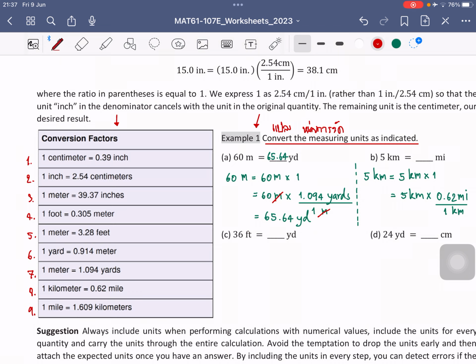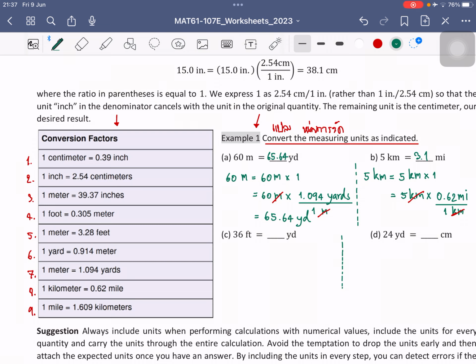So we can cancel the unit of kilometer, and the unit is mile, right? So the answer is 3.1.